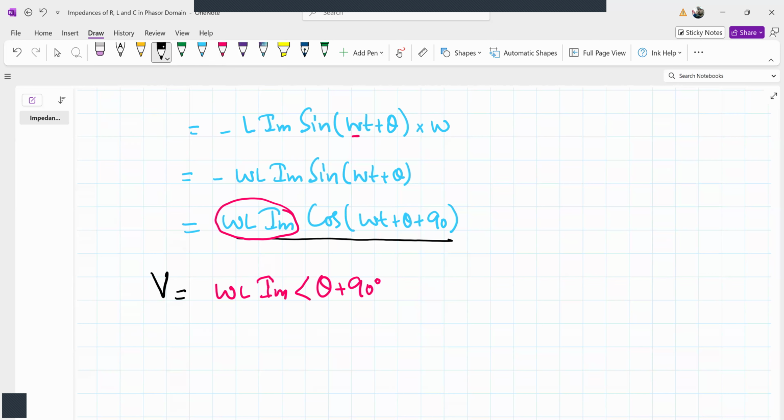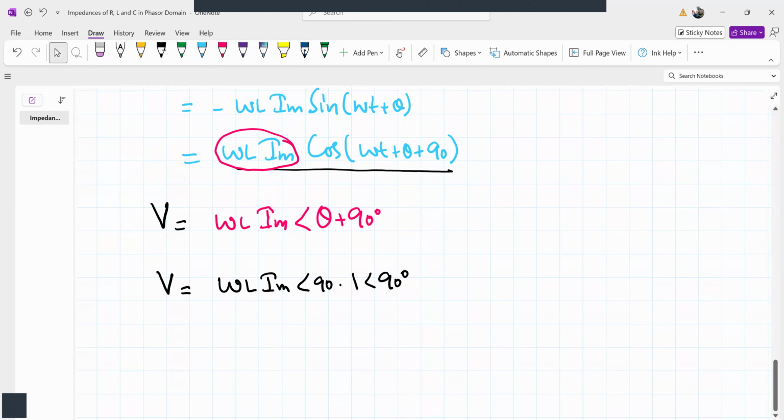So we can write V as omega L times Im at an angle of theta, times 1 at an angle of 90 degrees. In multiplication, we simply multiply the magnitudes and add the phases. Sorry, this is theta, so theta plus 90 degrees.